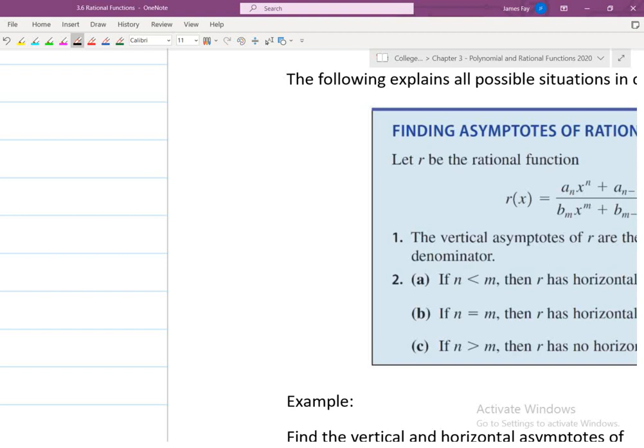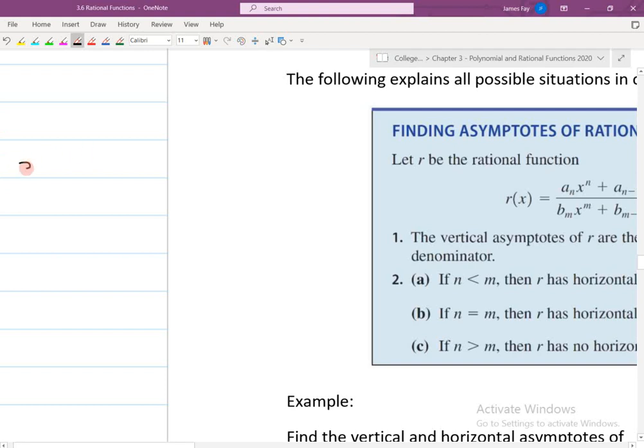Through some algebra, we determined that the leading coefficient or leading term is the dominating feature that tells you what y value you're going to evaluate at when x gets really, really big. Does that make sense? And there are three different scenarios that could happen.